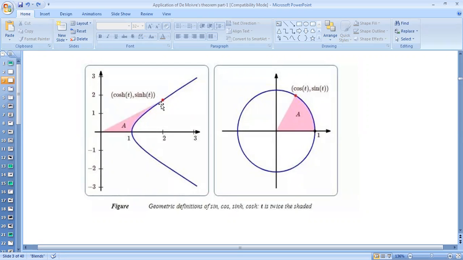So at this red point, the coordinate will be cos hyperbolic t, comma sin hyperbolic t. But in circular functions, the red point will move through a circle. This is why it is a circular function. And at any point of the circle, the red point indicates the coordinate cos t, comma sin t. This is the geometrical notation of the circular function, and this is the geometrical interpretation of the hyperbolic function.